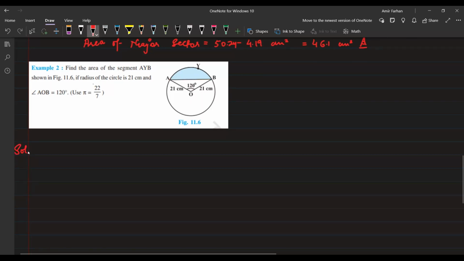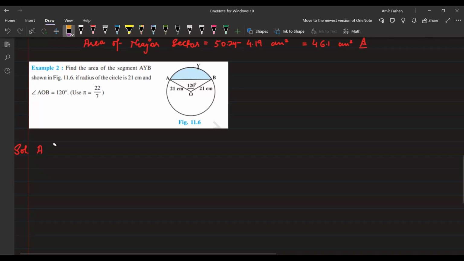There you go. So here you can see this thing, that area. So you first of all need to find the area of sector, right?